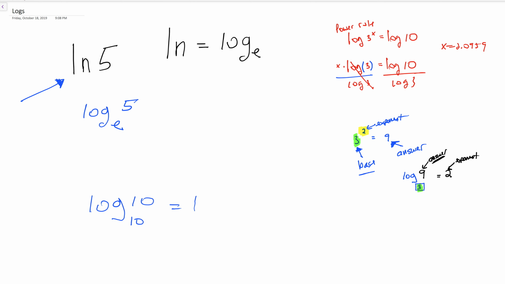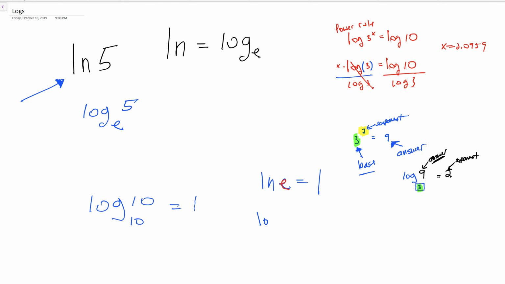Okay. So then we see things like this, like ln e. Can you explain why ln e is 1? Well, first of all, we have two types of e's going on here. We've got red e and blue e.